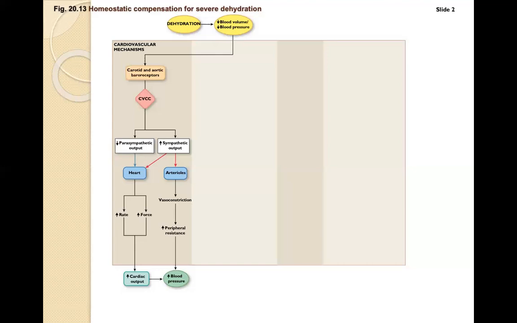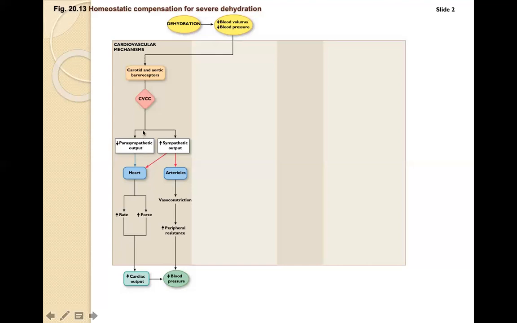Normally acetylcholine would lower the heart rate, but with a lower parasympathetic output, you're not going to be able to keep the heart rate low. So your heart rate is going to increase. That increased heart rate is going to effectively help increase your cardiac output.